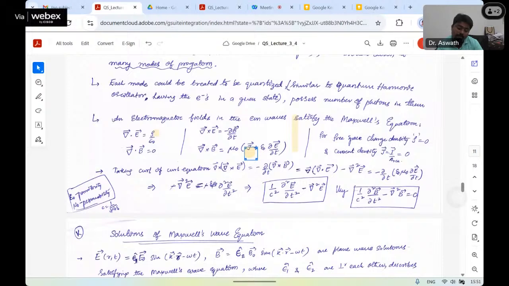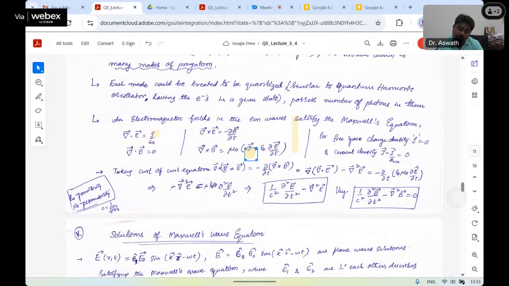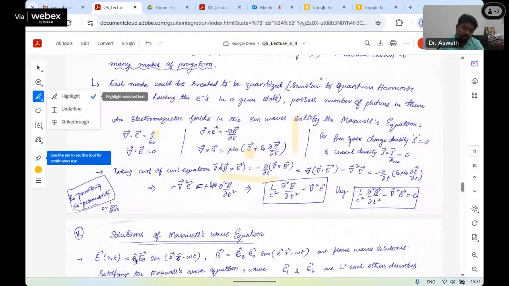Now, I can play around with Maxwell's equations to obtain something called a wave equation, because a wave equation tells me how a disturbance travels in space. Here I take the curl of the curl E equation.